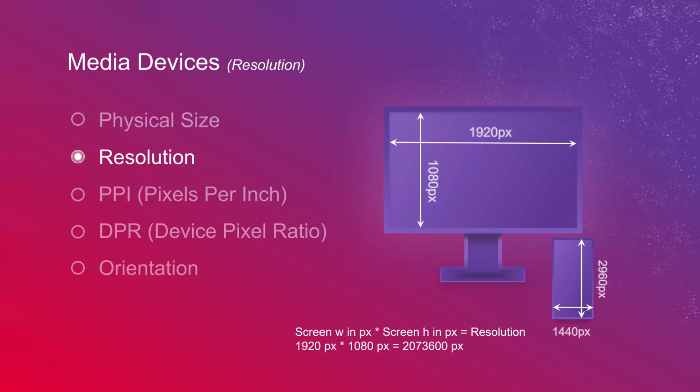And that is actually what this is. It's how many pixels on the width and how many pixels on the height. And you multiply them together and you get the megapixel value. In this case, it was 2 megapixels. And 2 megapixels is not much at all when you talk about photography.